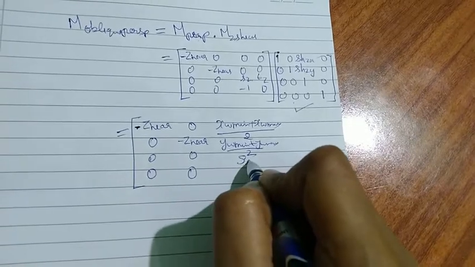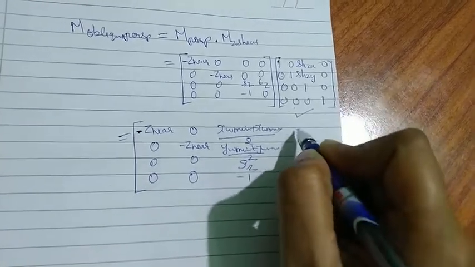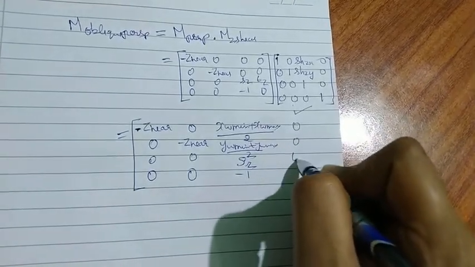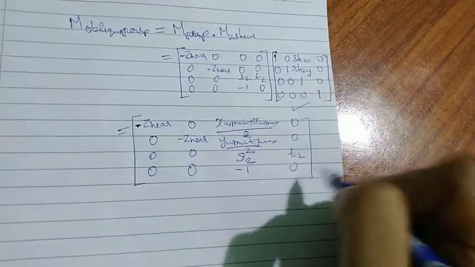Then you have scaling factor minus 1, 0, 0, translation factor 0.